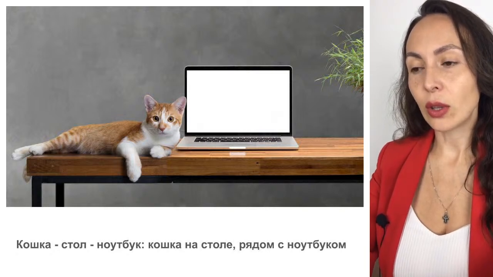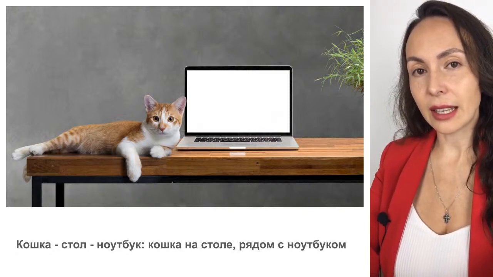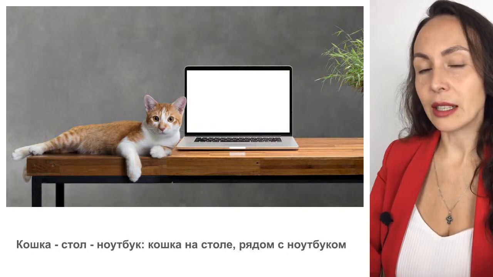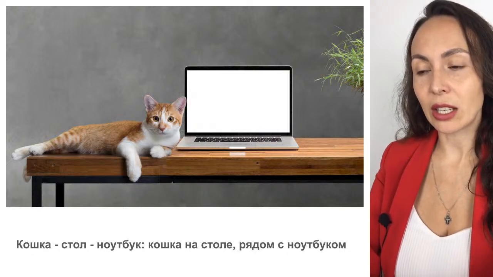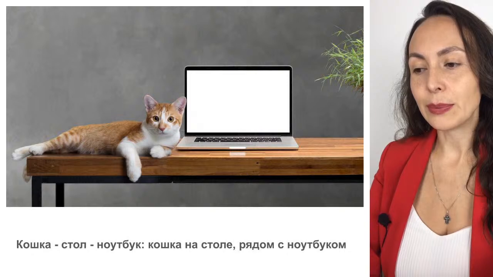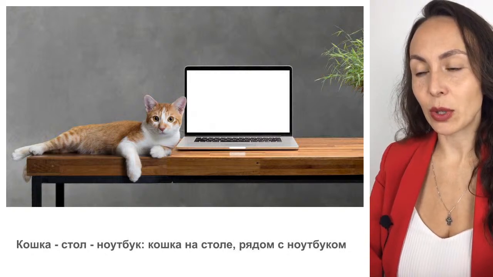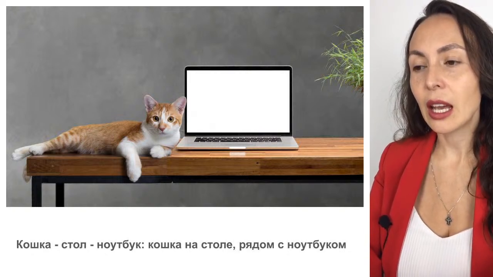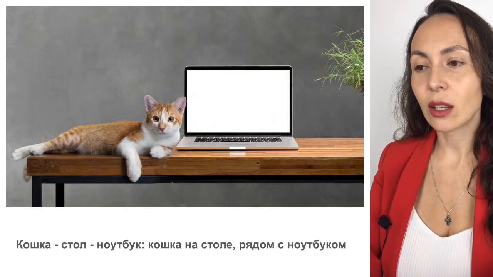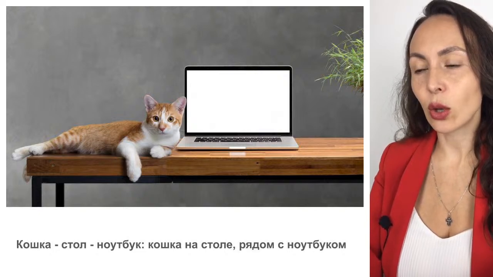So this is exactly this situation. We have 2 cases here because of 2 different types of relationships, of physical relationships, okay? How do we connect кошка and стол easily? Кошка на столе.